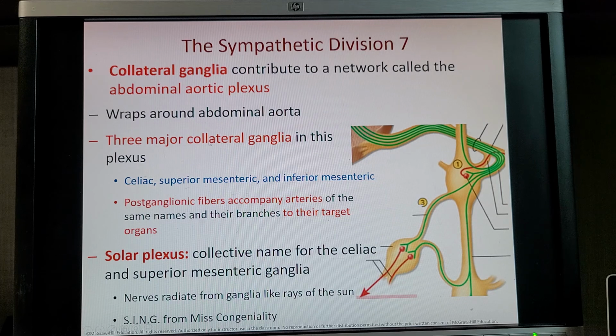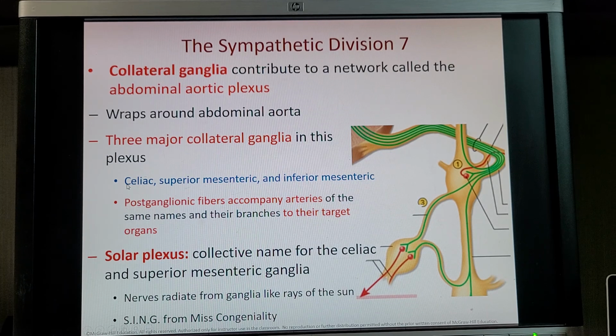So they form their own plexus, their own webs of neurons, again, just keeping all the wires contained. We have 3 different webs that we form, and that is the celiac, the superior mesenteric, and inferior mesenteric. Remembering from chapter 1, where we talked about the mesenteries that are around your abdominal areas, that's just referring to that area.